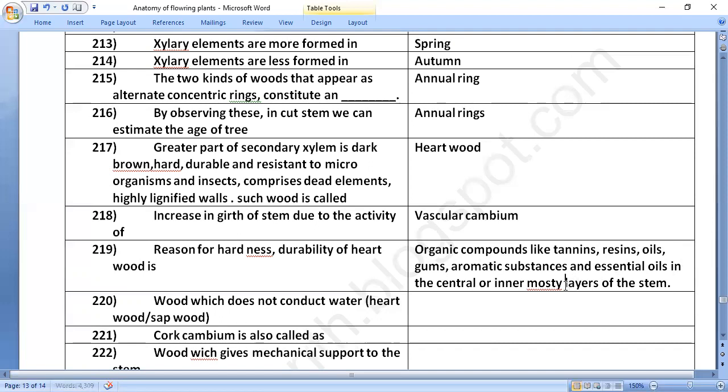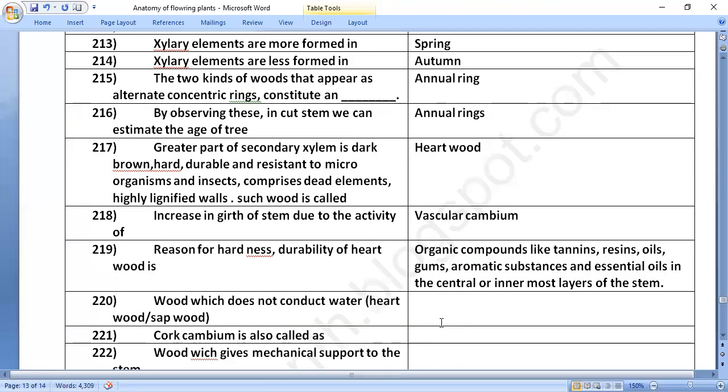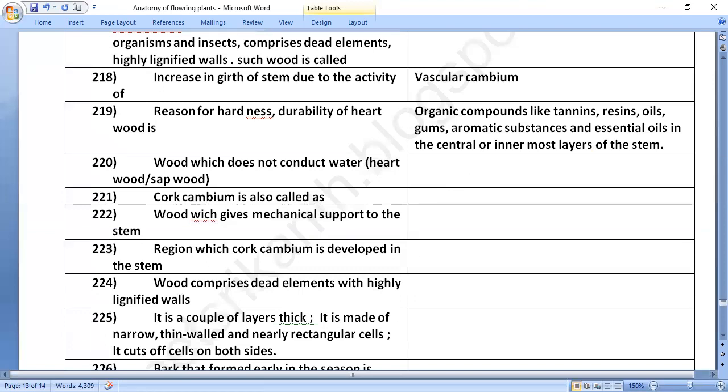Which wood does not conduct water? Heartwood or sapwood? Heartwood.